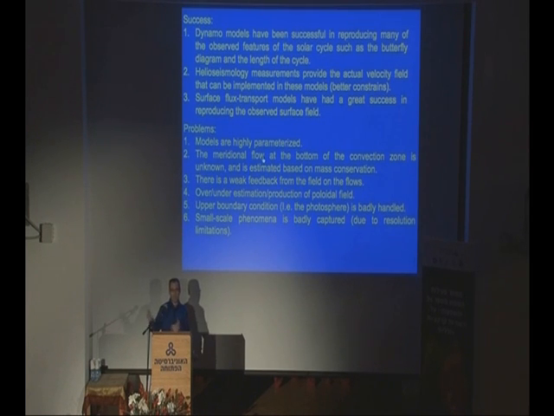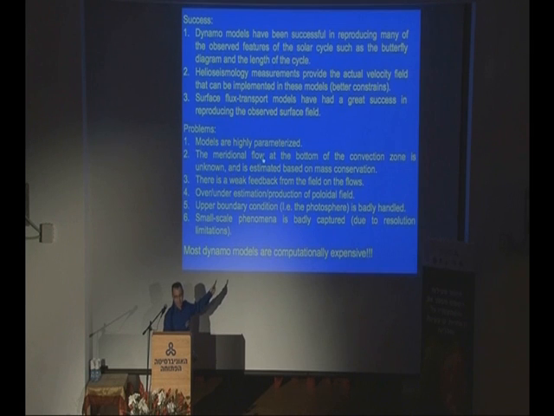There's almost no feedback between the magnetic field and the motions except for these MHD models. There's an over or underestimation of the poloidal field because we have this alpha parameter that we just control, and again, we're not sure why exactly this particular value will give us what we want. And the small scale phenomena of the diffusion part is weakly captured in these models.